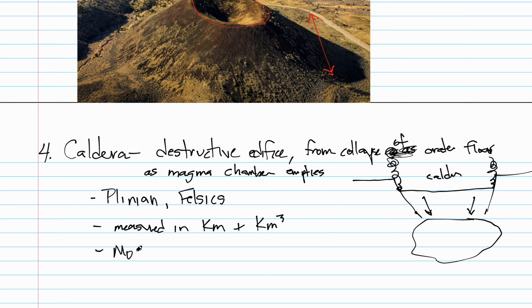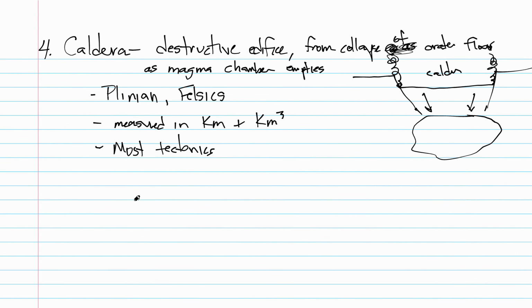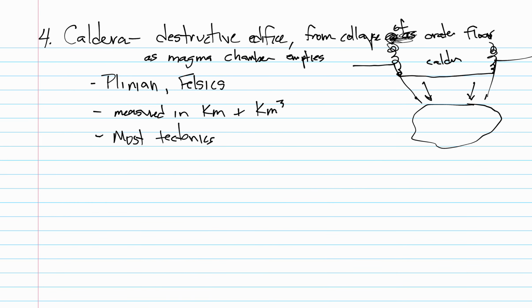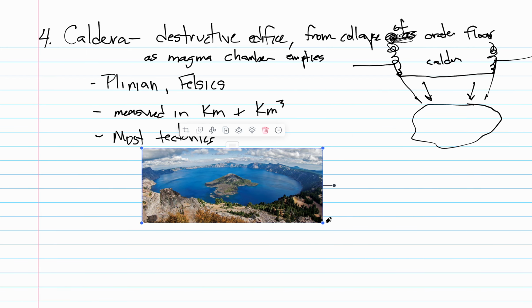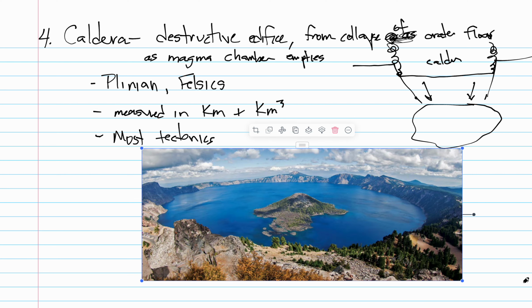These can be found in most tectonic environments. The most famous example of a caldera maybe is Yellowstone. The big eruptions that have occurred at Yellowstone have produced calderas. Crater Lake in Oregon is beautiful.